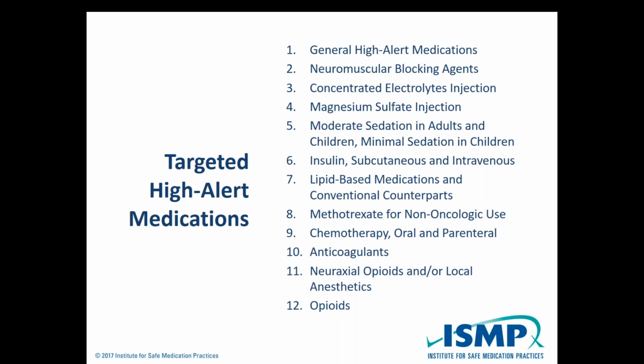This is a little bit different from those of you that have done our previous self-assessments in that each of these is basically a standalone, so that if you do not use some of these high alert medications in your institution or your ambulatory site, you could basically just pick and choose which ones you do want to use. But first you have to finish the general high alert medication section.